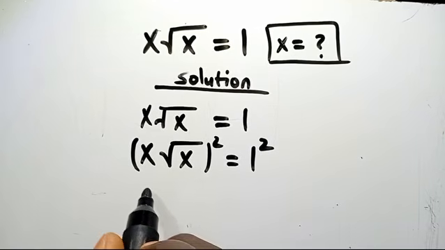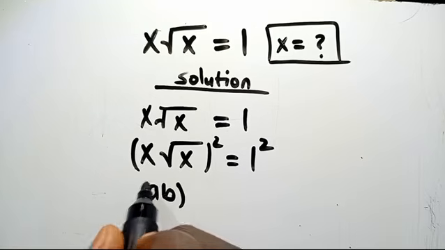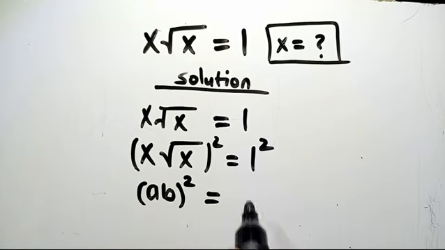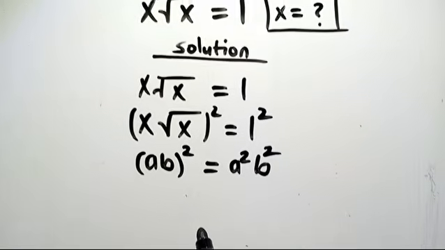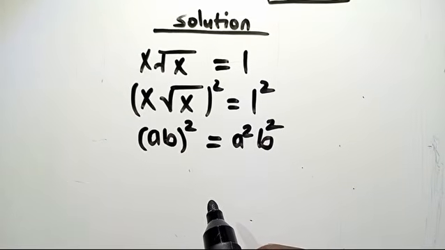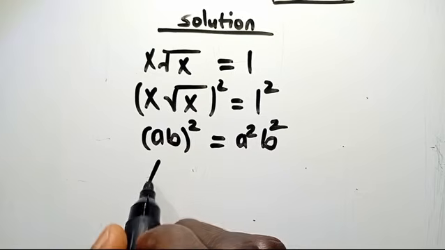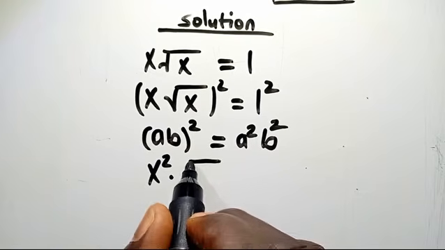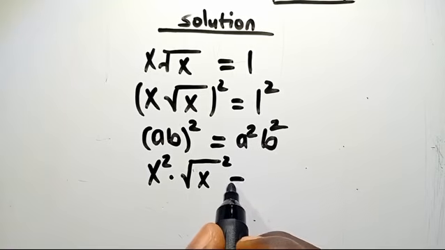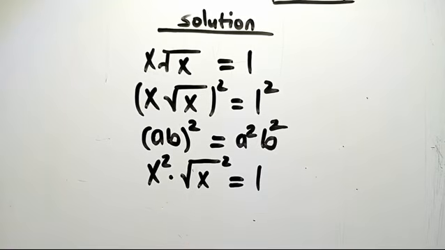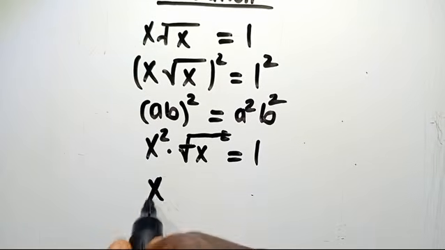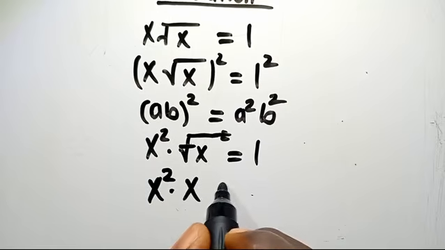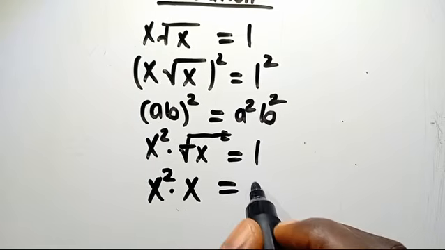Then when you have (ab) squared equals a squared times b squared, we have x squared times root x squared equals 1. 1 squared is 1, so we cancel out the root, and we have x squared times x equals 1.